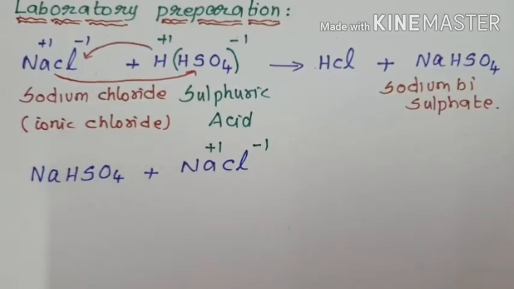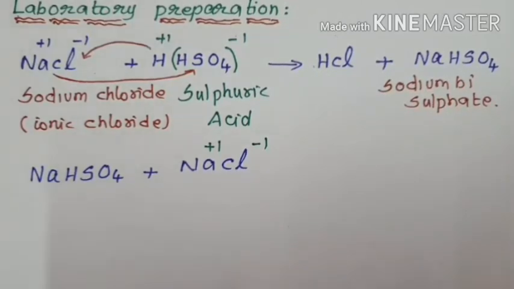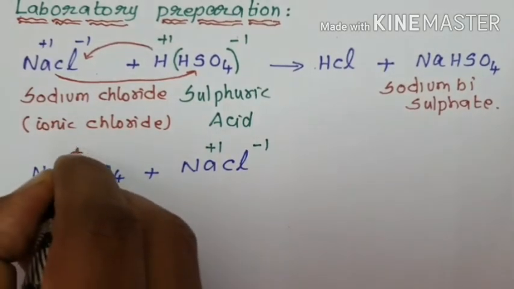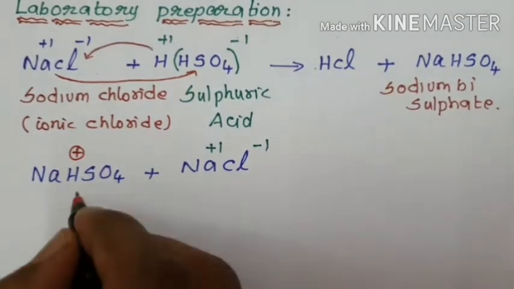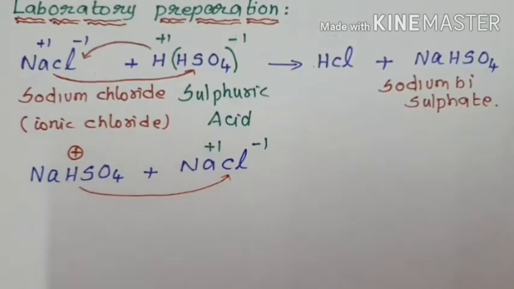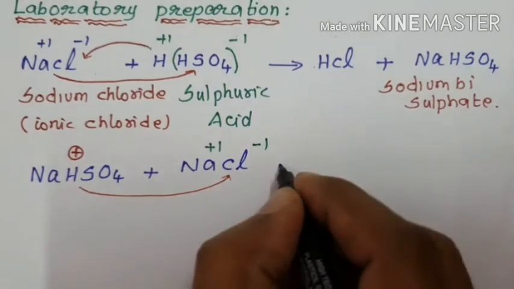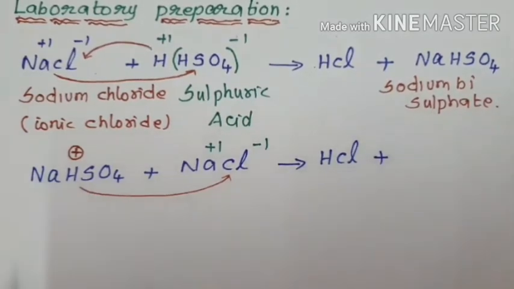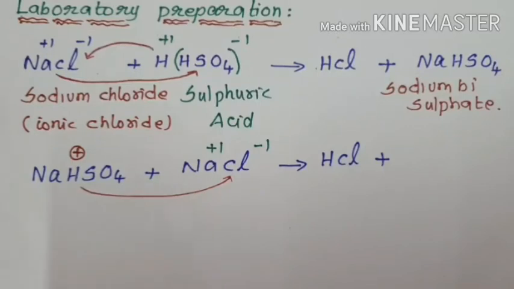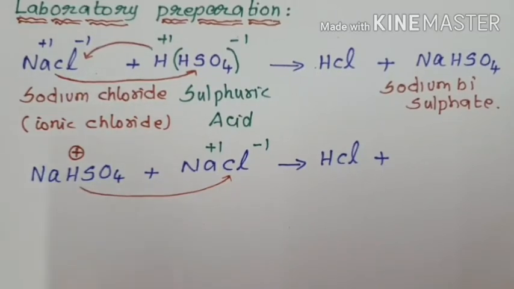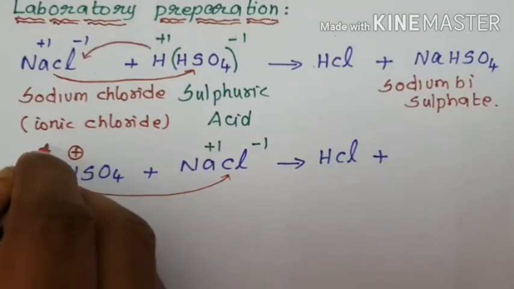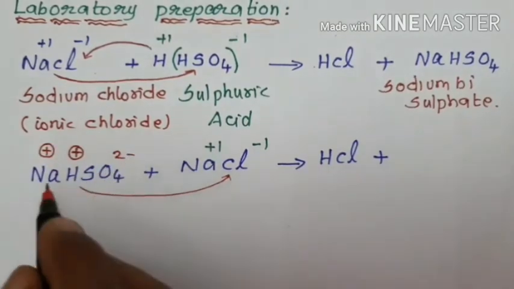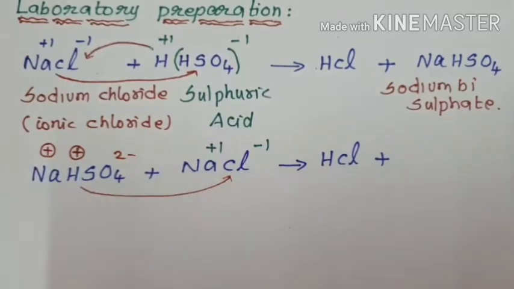The same H plus from sodium bisulfate combines with Cl minus and forms HCl. One more well-known compound is also formed: 2 sodium and 1 SO4. Sodium is monopositive, sulfate is a 2 minus ion, so Na2SO4, sodium sulfate.